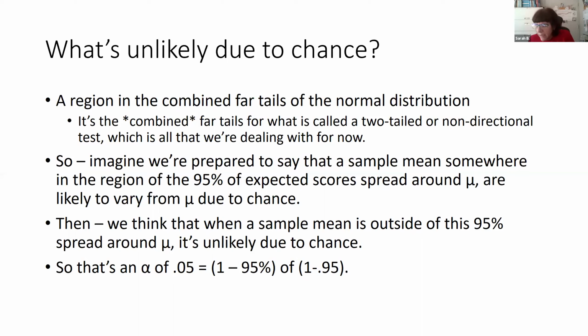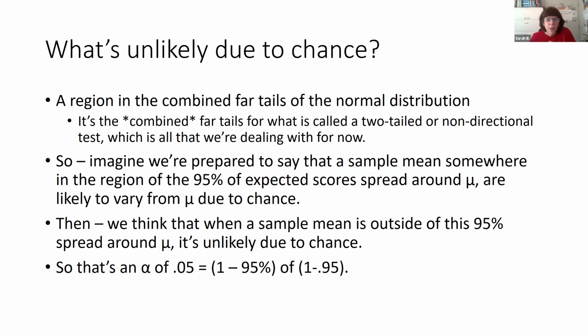We're not asking is it bigger, is it less than? We're just saying, is it one way or another? Is it different? We're going to get to one-tailed tests pretty soon, but we're going to take it one step at a time.